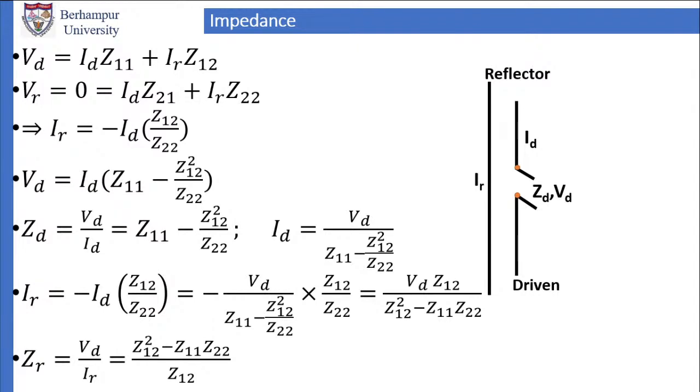So Vd is equal to Id Z11, for the driven element, plus IR Z12, for the reflector element.